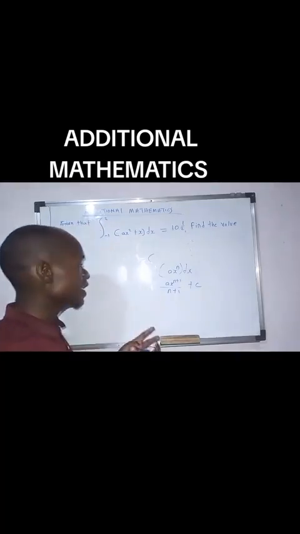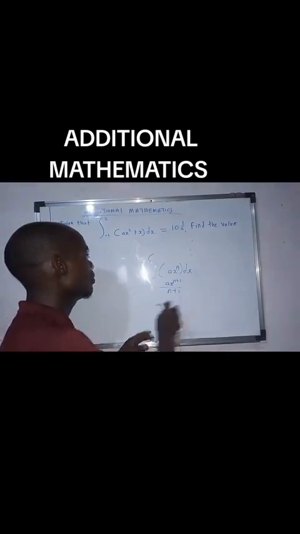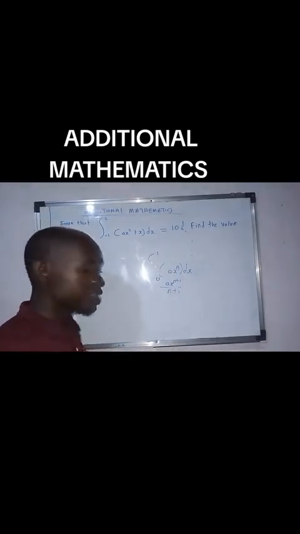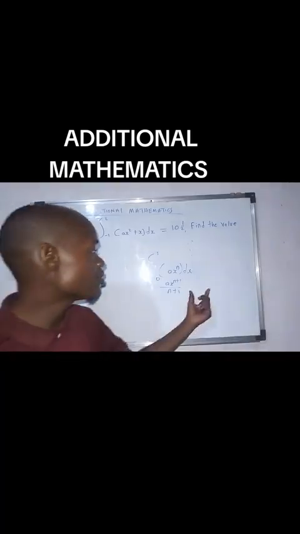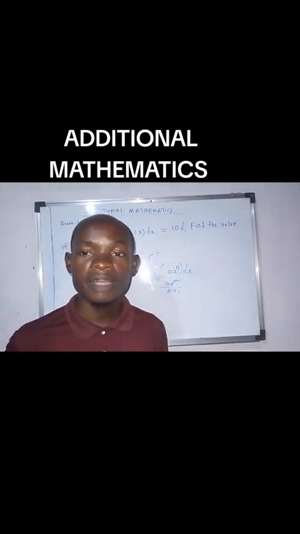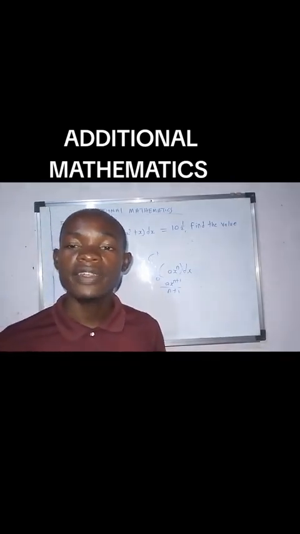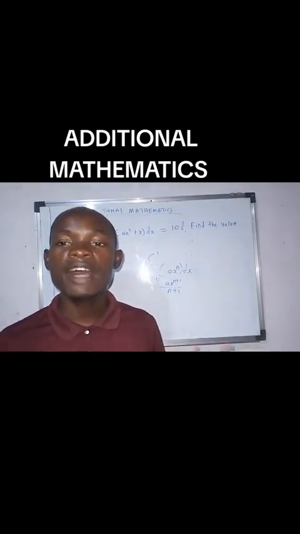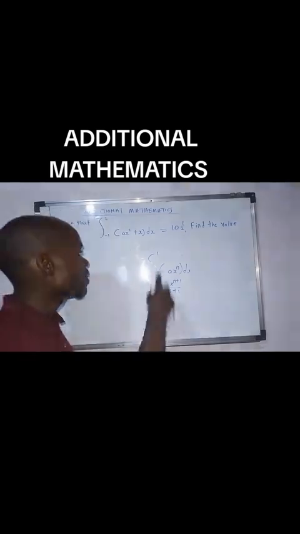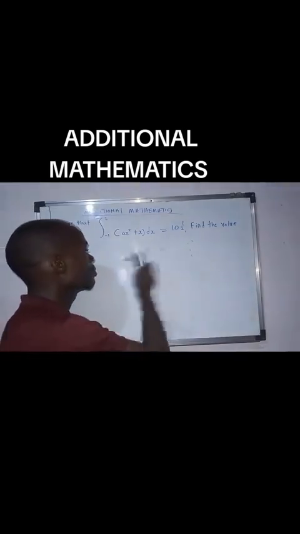Now, in a case that it has upper and lower limits, it means that we are not going to put the constant c, the arbitrary number, but we are going to find the difference between the upper limit and the lower limit.